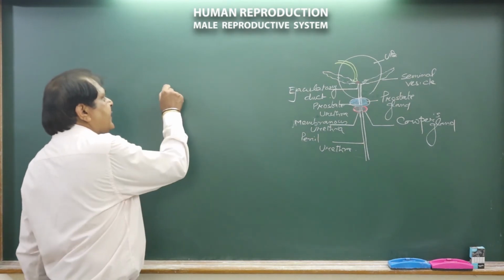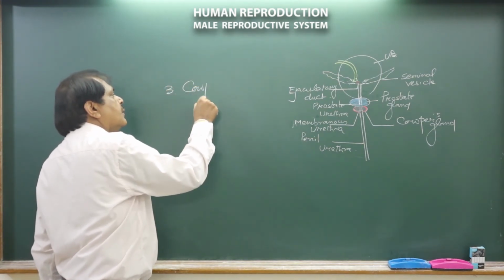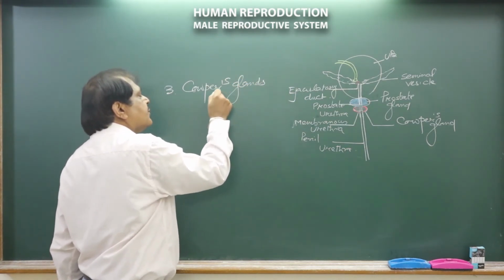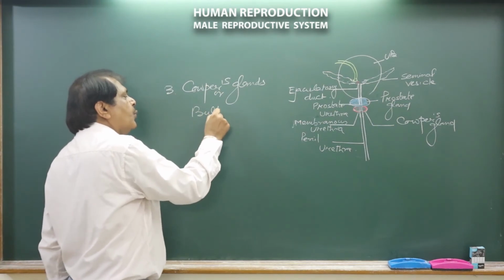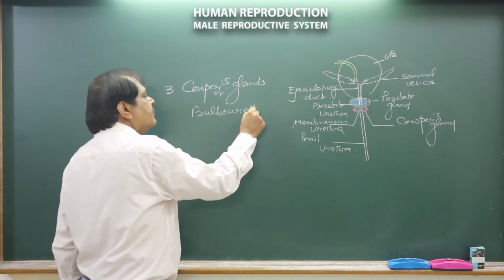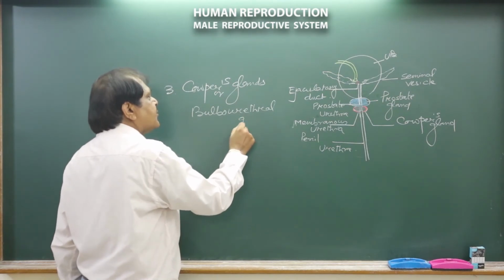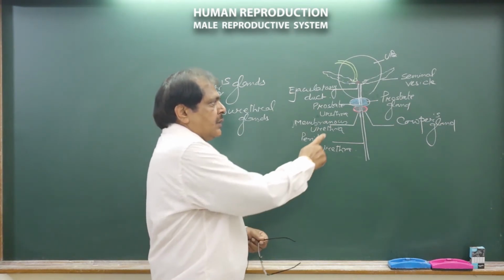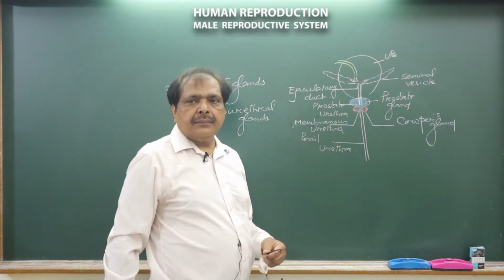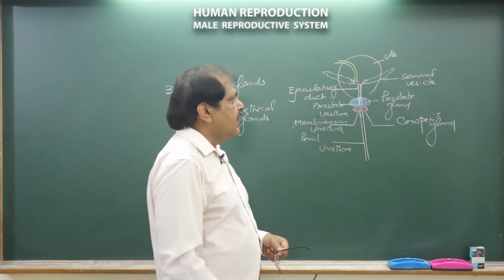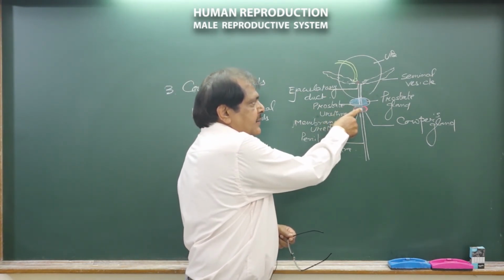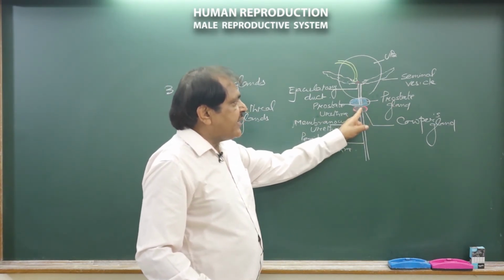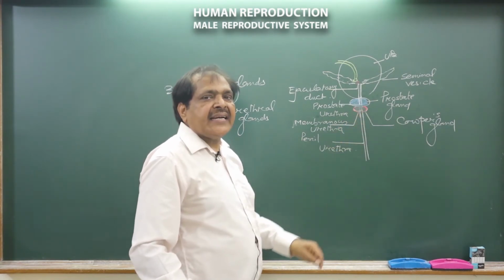Students, now we come to the third gland, that is Cooper's gland, or bulbourethral glands. These glands are two in number, paired. They are present below the prostate gland. The membranous urethra passes through those glands.